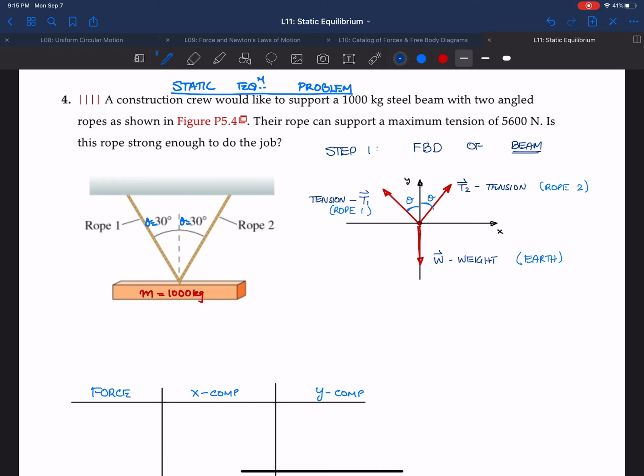Now there's some simplification possible in this particular problem. Since these angles are the same, each of these ropes contributes equally to the tension, or they have the same force. They exert the same force on the steel beam. Why? In some sense, it's a symmetry argument.